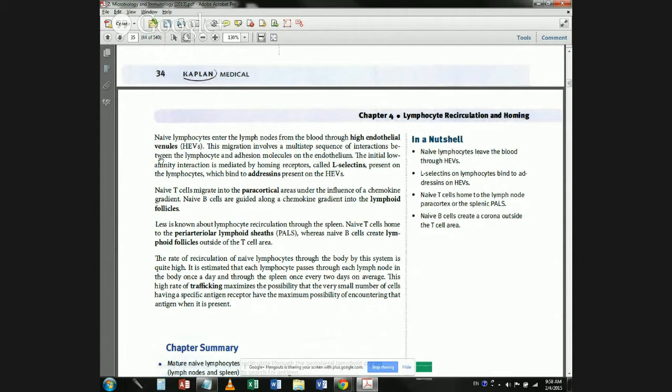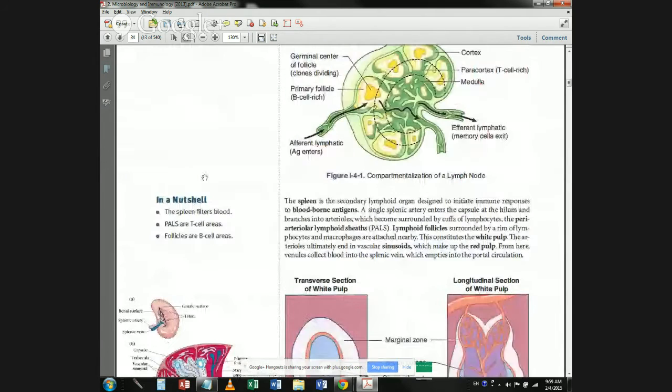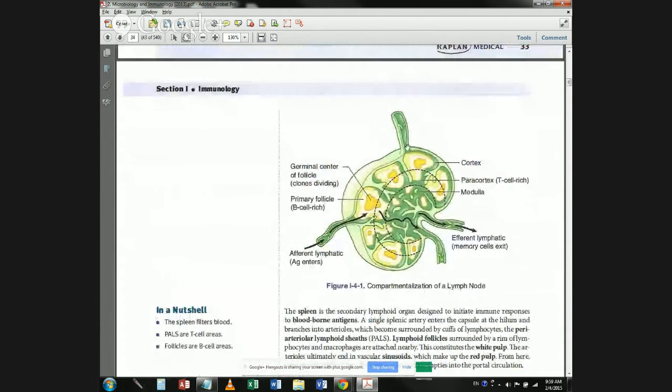Okay, so you have lymphocytes, so B cells and T cells, right? They are going to enter lymph nodes. They're going to come from the blood. So blood is entering the lymph nodes with the B and T cells. And this is called high endothelial venules. I think what we're talking about here is this area right there.